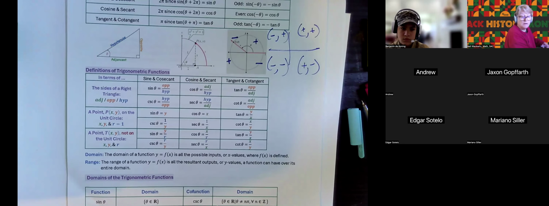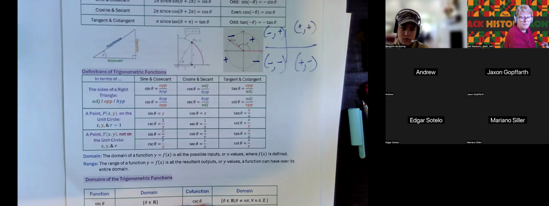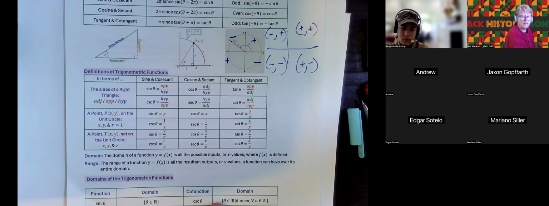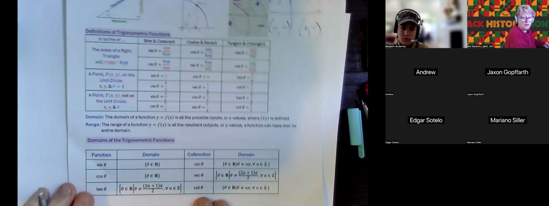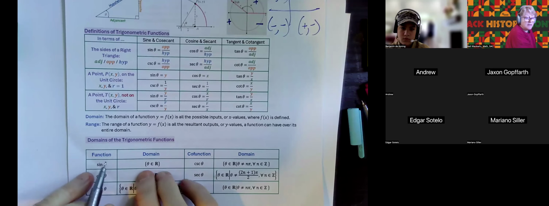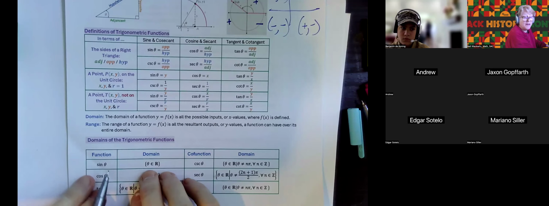Domain is all of the values that are allowed to be plugged in. Range is all of the outputs. So sine has a domain of all the real numbers.